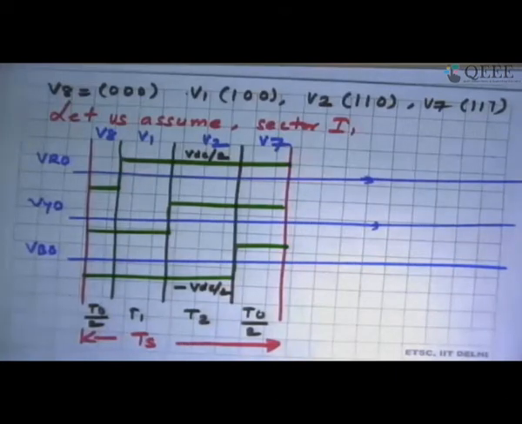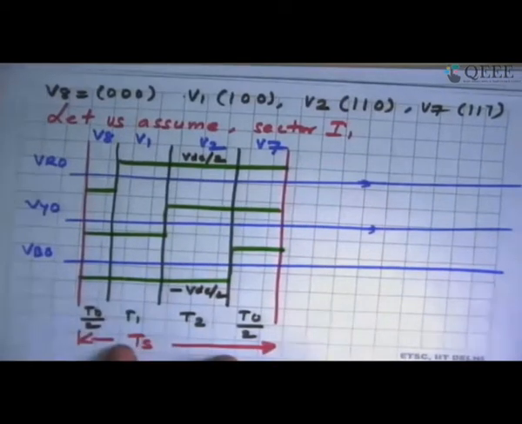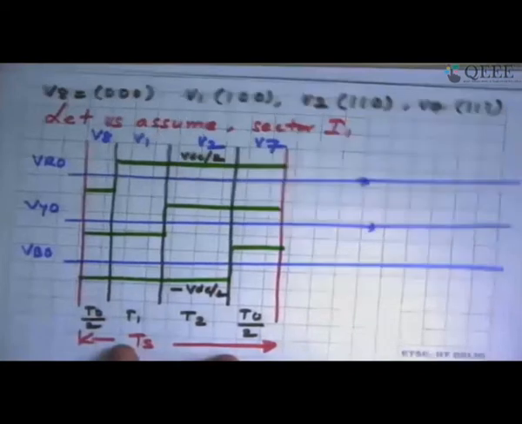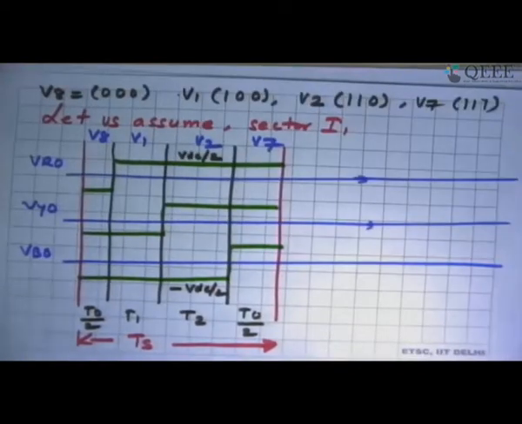So you can see that if you apply in this fashion, the average resultant vector Vs can be arrived at.